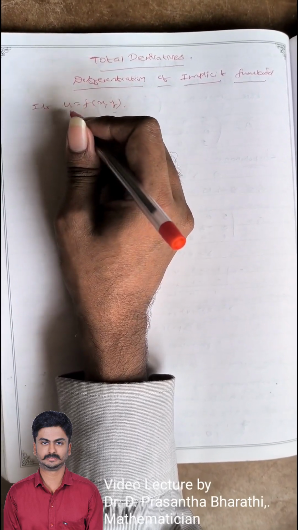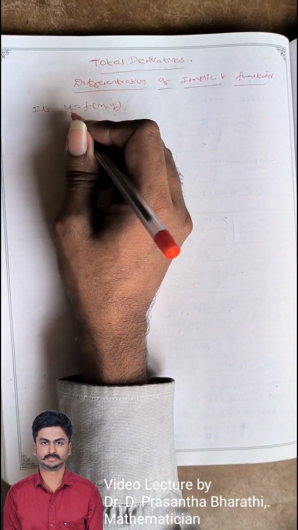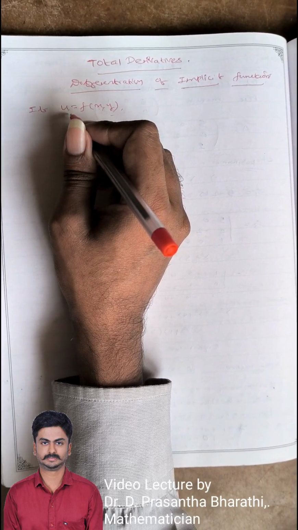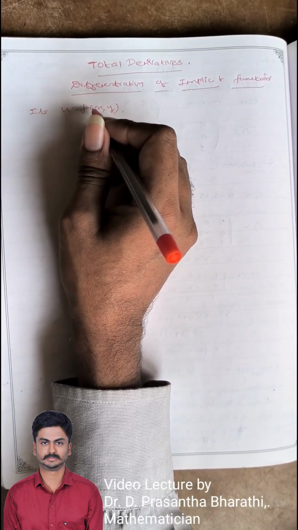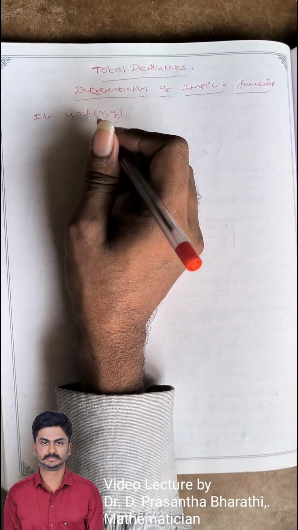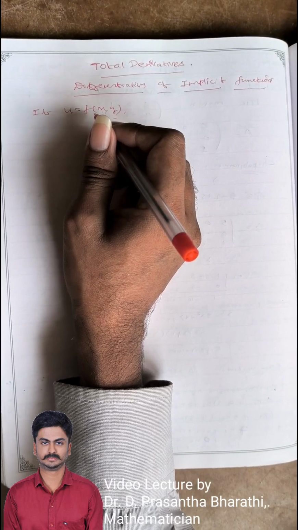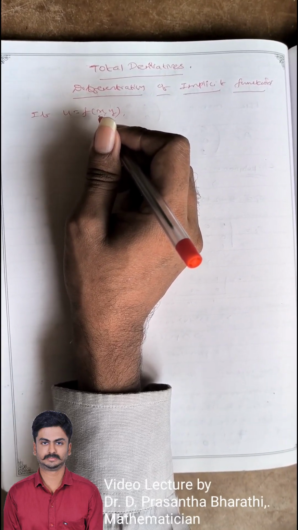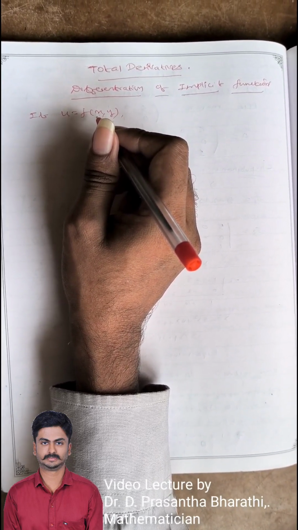Also we can find dou square u by dou x square, dou square u by dou y square, and dou square u by dou x dou y and dou square u by dou y dou x, in such a way that dou square u by dou x dou y equals dou square u by dou y dou x under certain conditions, and we have also discussed an example for that.